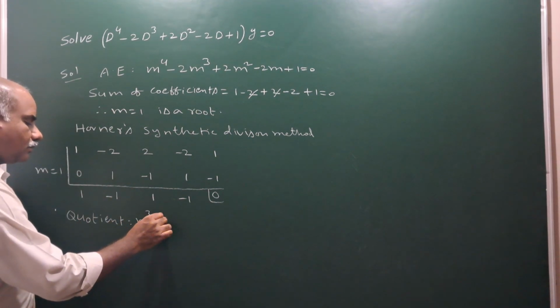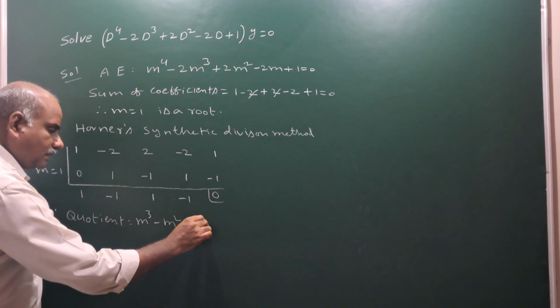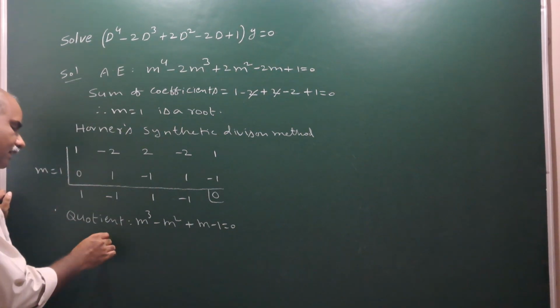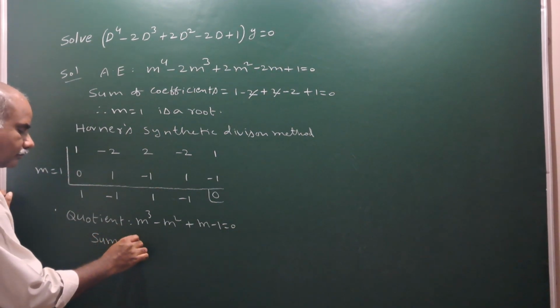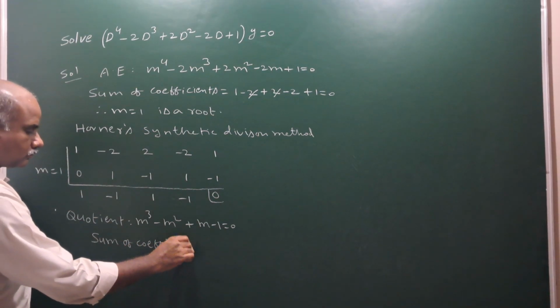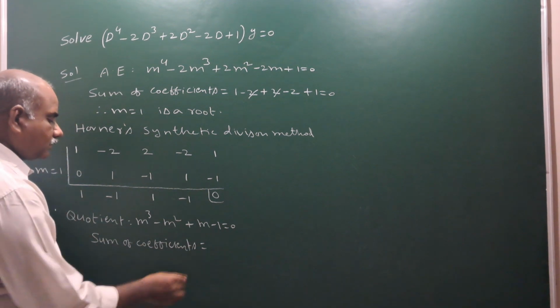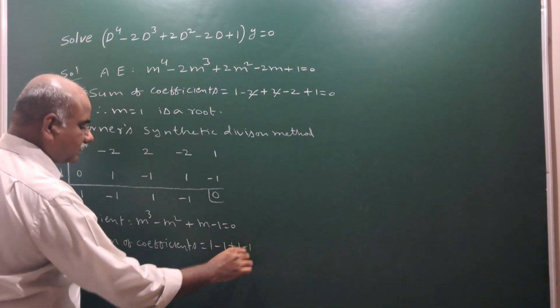So m³ − m² + m − 1 = 0. Again we have to check the sum of coefficients. The coefficients are 1, −1, 1, −1.